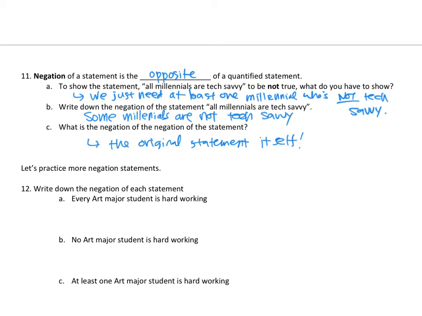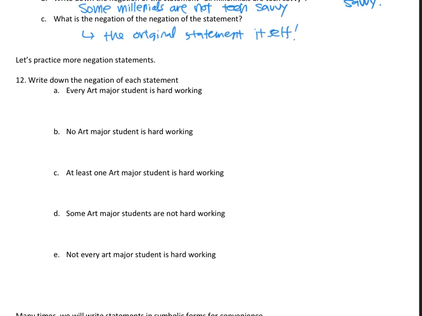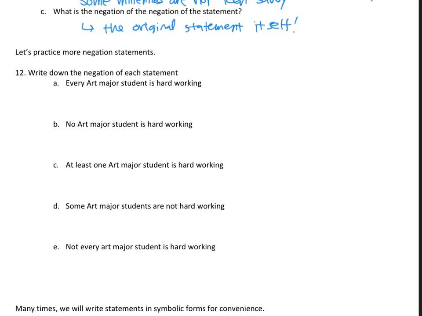Okay. Let's look at number 12. Practice some negation. I'll do a few, and then I'll have you finish. I'm going to try part B and part C maybe. So part B. No art major student is hardworking. Okay. So in my head, how do I disprove that? It's saying no art major student is hardworking. So in order to show that that's not the case, I need one person to be hardworking, right?